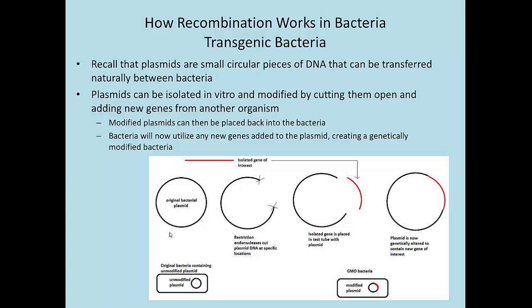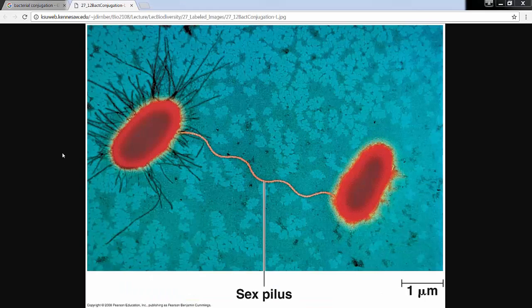So, for example, naturally speaking, bacteria will transfer plasmids back and forth between compatible forms of bacterial species. Recall we talked about in chapter 4, also mentioned in chapter 9, bacterial conjugation and the way bacteria can link up with the use of what's called a sex pilus or conjugation pilus and transfer plasmids back and forth.